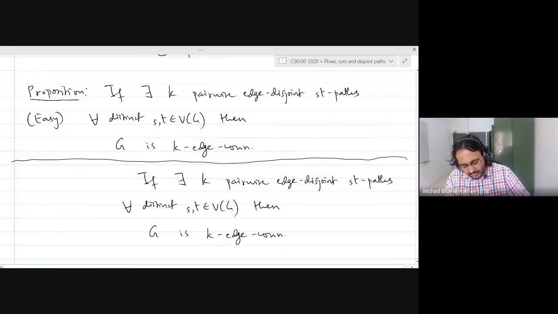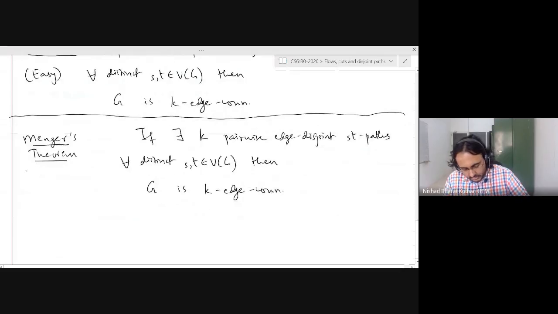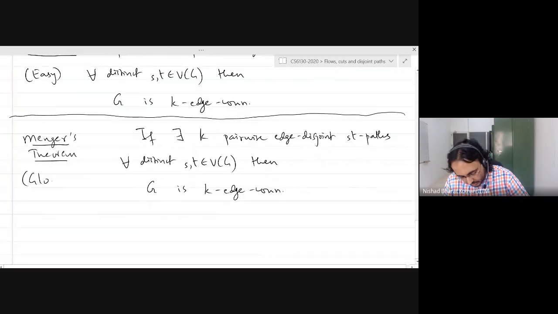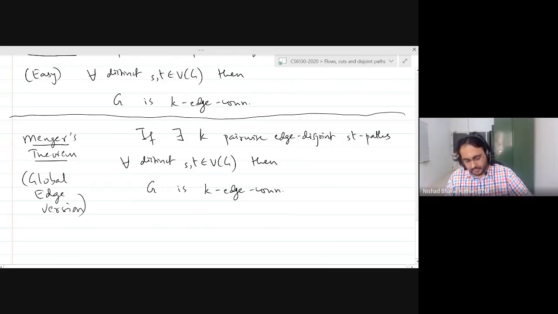Menger's theorem is a theorem that has many different versions. So each time I say Menger's theorem, I will tell you which version it is. This version that I'm about to write is called the global edge version. And when we see other versions, you will start seeing why I'm giving them different names, right?